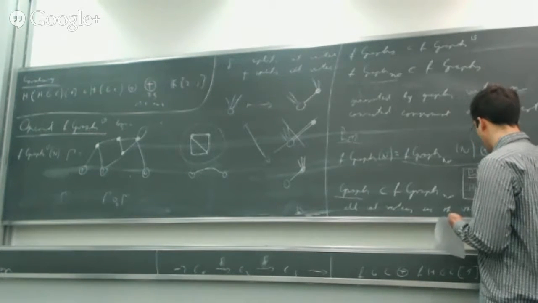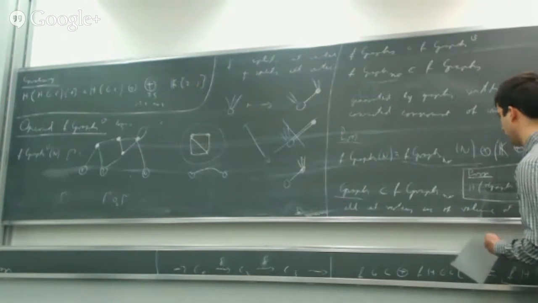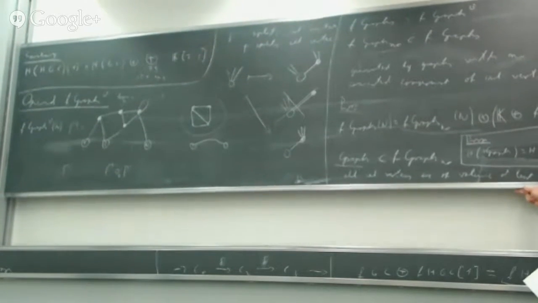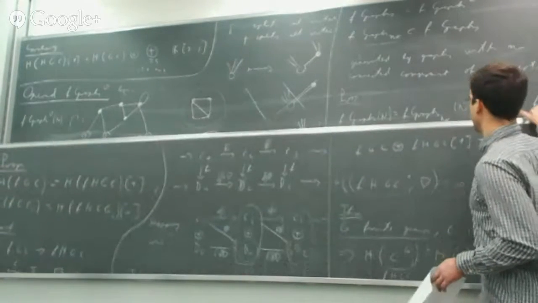Homology of graphs equals homology of full graphs. Proof is almost the same. Again, you kill antennas and two valent vertices in the same way as before.